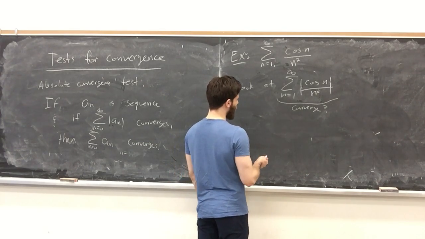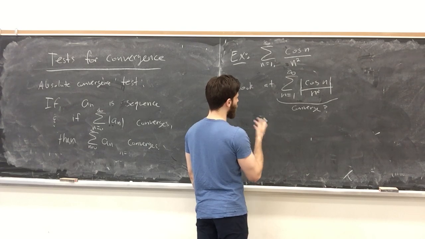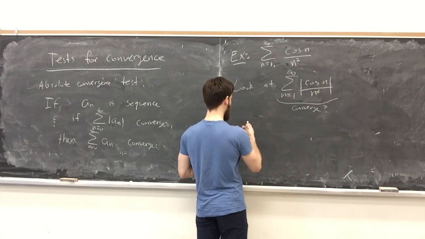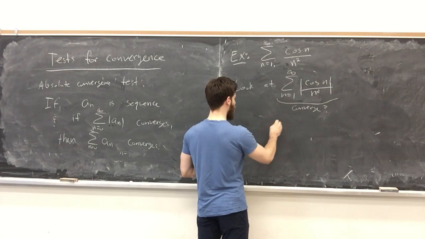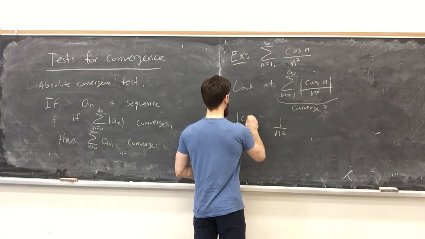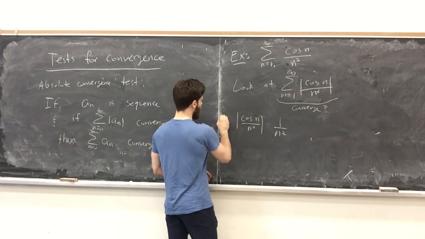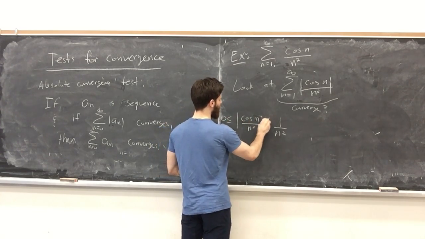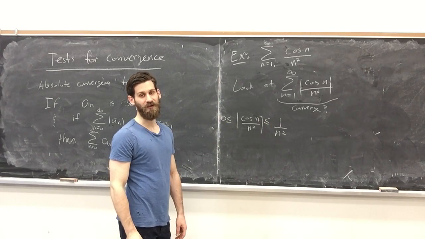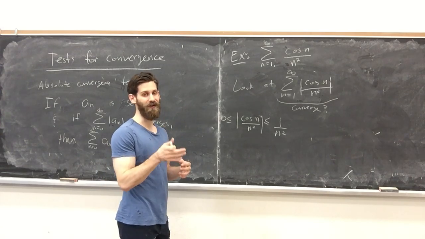So this is an example where we could use the comparison test, and what we can compare it to is 1 over n squared. So the absolute value of cos n divided by n squared is, first of all, always non-negative, and it's always less than or equal to 1 over n squared, right? Because cos n is always between -1 and 1.